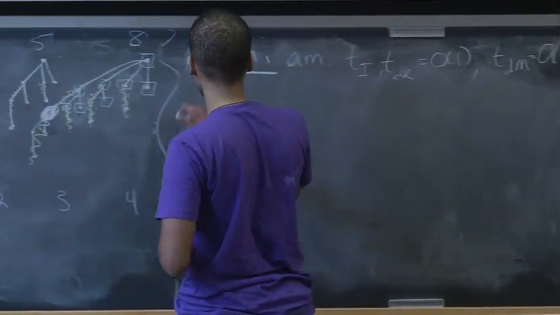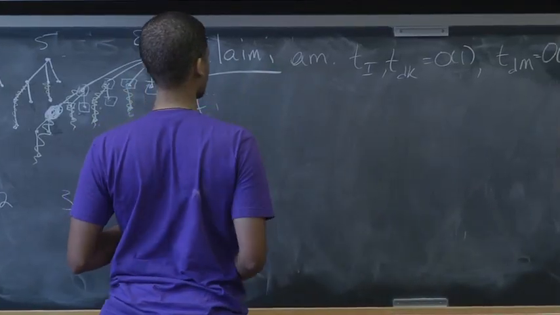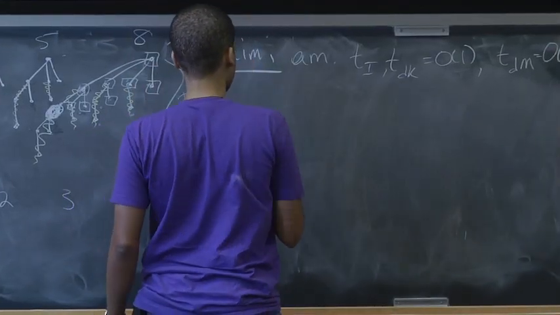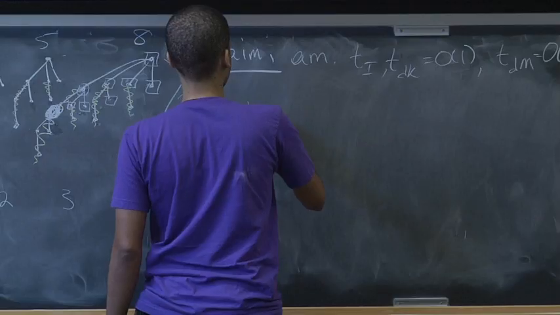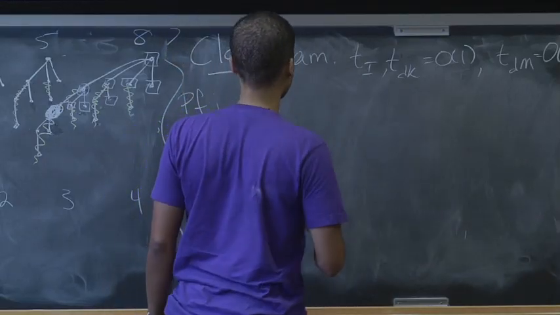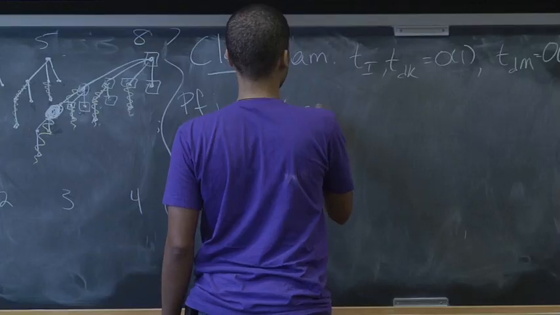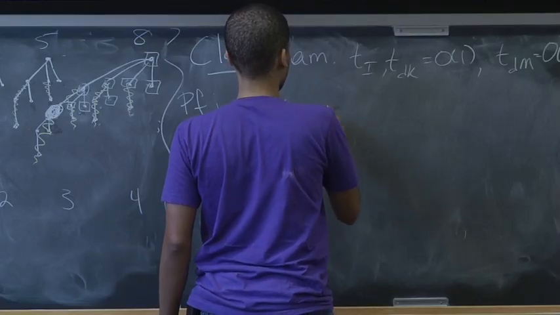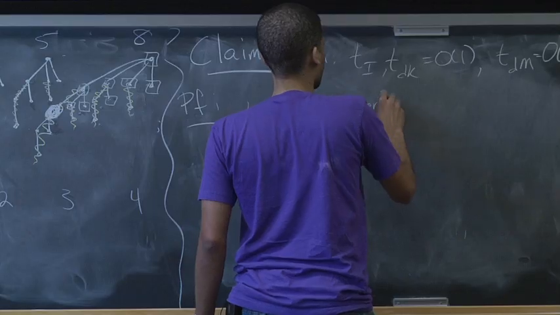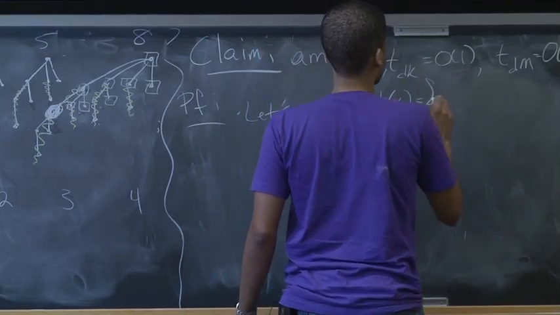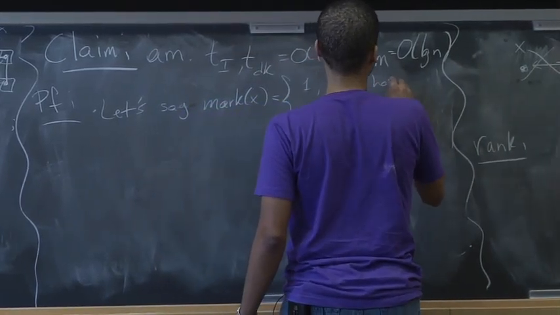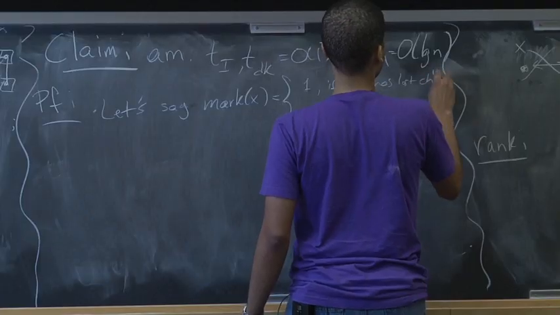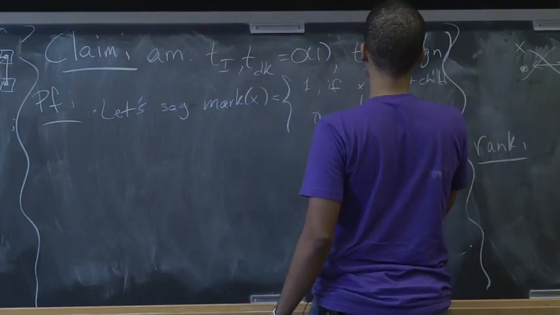Okay, great. So proof. First of all, just some notation. Let's say mark of x is 1 if x has lost a child and 0 otherwise.